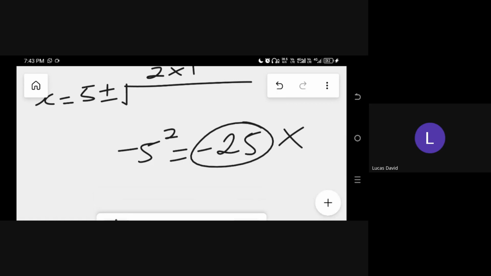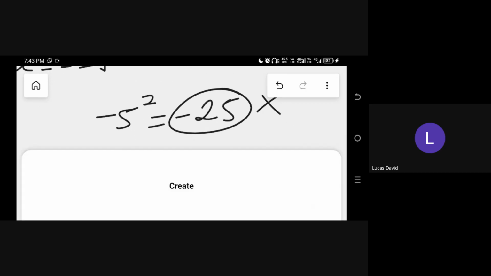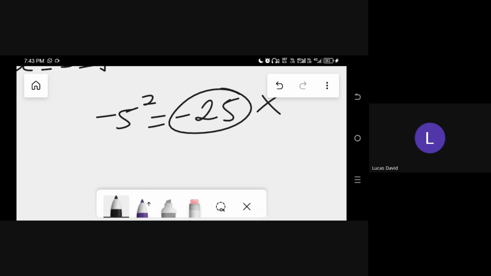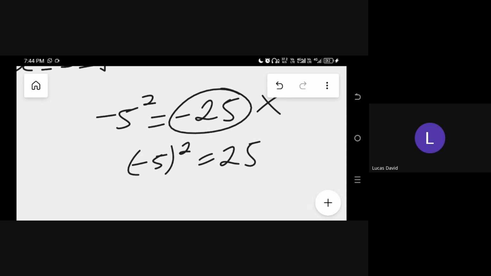If you want to get the power of 2, you should rather put minus 5 in brackets to the power of 2, because it is minus 5 that you're squaring. And you see that your calculator will give you 25, which is the correct answer. But when you do the first one, it is only the 5 that the calculator gets the power of, and that's why you still have minus 25.